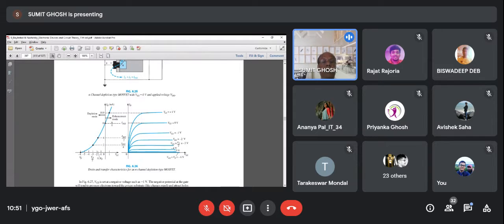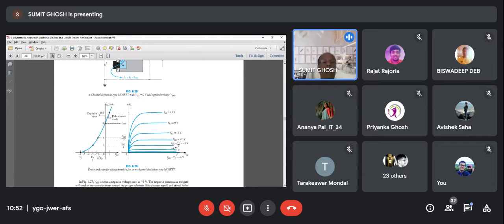One more thing is left, that is when a positive voltage is applied to the gate. Corresponding to this positive voltage, you extrapolate and you get one more point to the right of the origin. So make the curve go up, and there will be a point here.